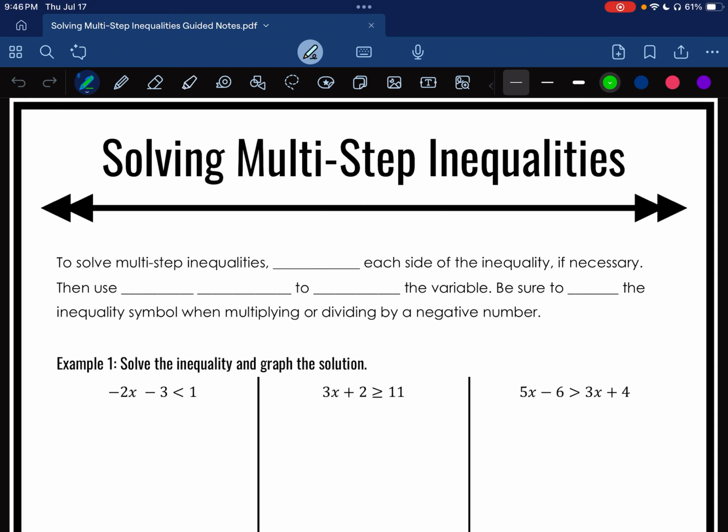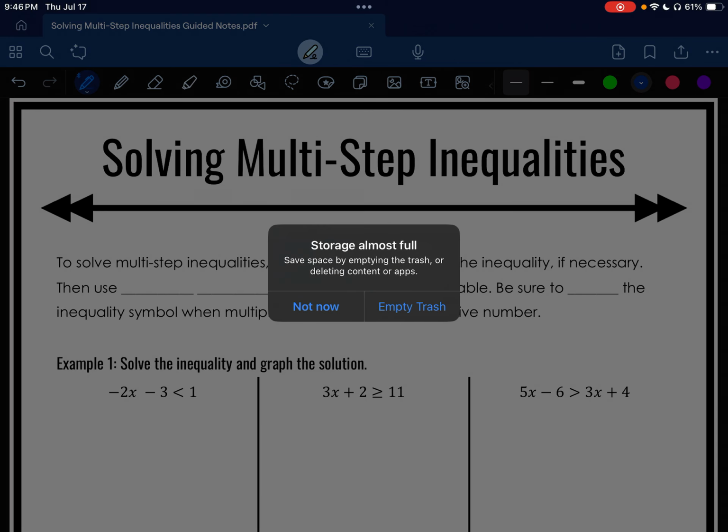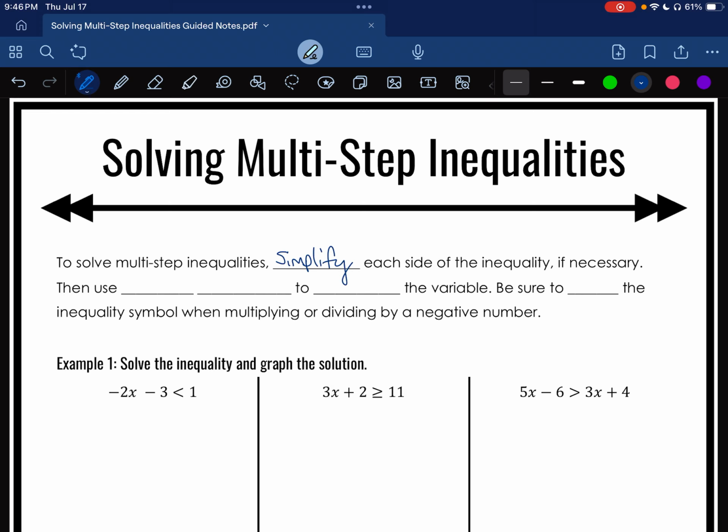All right, so to solve multi-step inequalities, we're going to simplify each side of the inequality if necessary first. Then, as usual, when we are solving things, we are using our buddies, inverse operations, to isolate the variable.